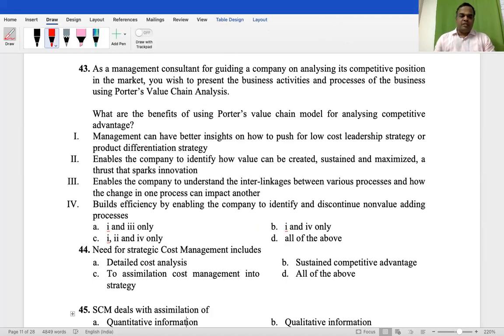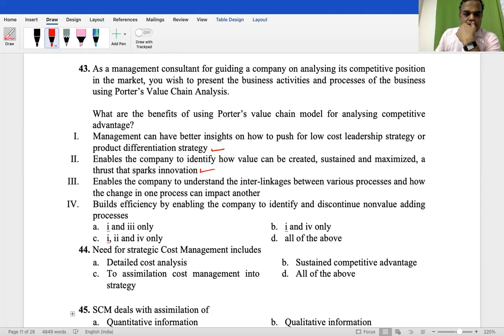With respect to the value chain, what are the benefits based on Porter's model? Read the first one: management can have better insights on how to push for low-cost leadership strategy or product differentiation strategy. Enables the company to identify how value can be created, sustained, and maximized, a thrust that sparks innovation.